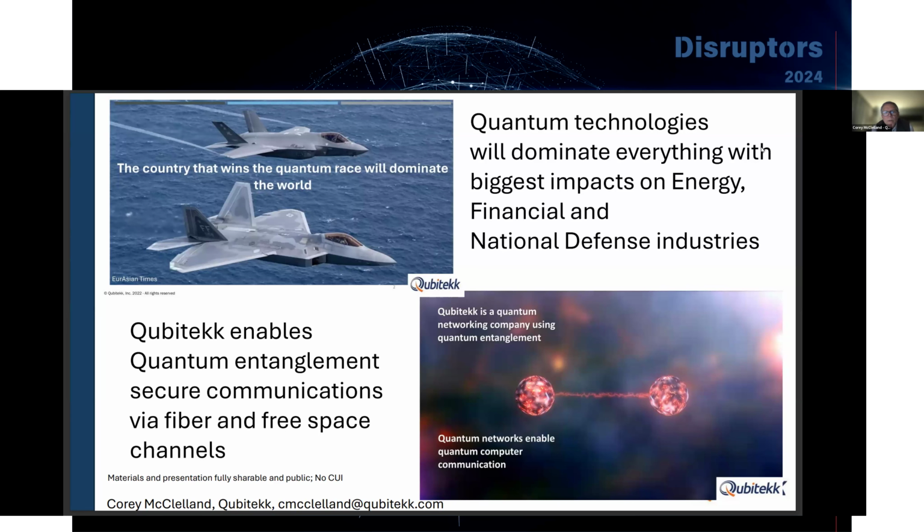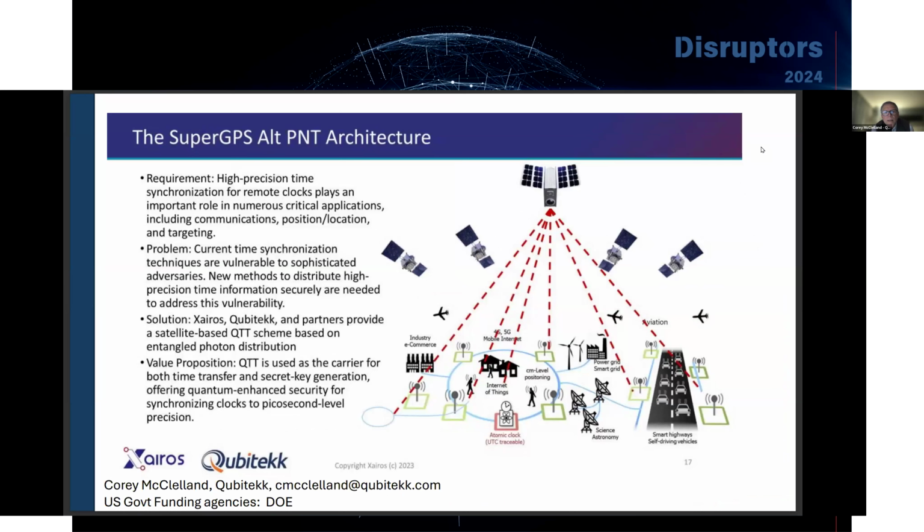If you want to go to the next slide, we've applied this in a couple of different ways. One is working with a company called Zeros in quantum time transfer and alternate PNT architectures. And this is something that we will be able to demo here in the March timeframe on a terrestrial basis, just to show that it works.